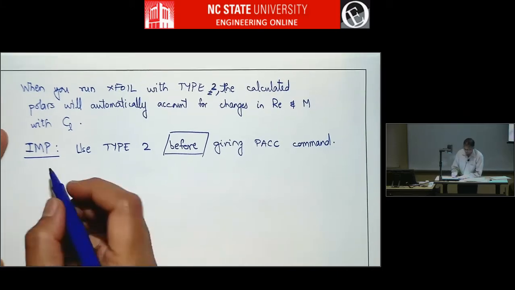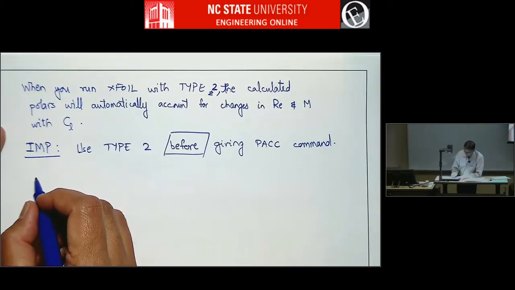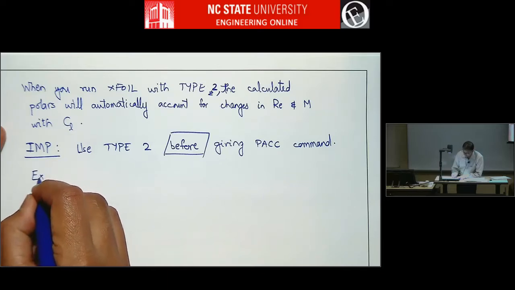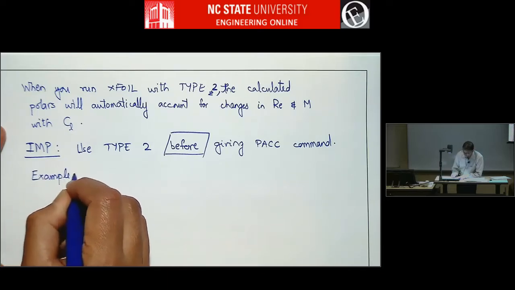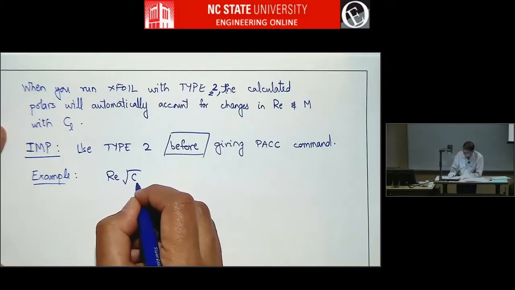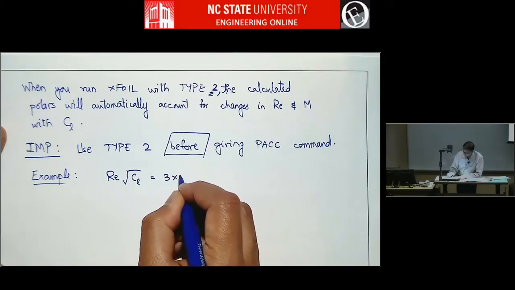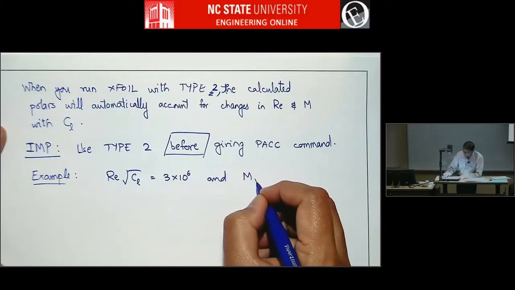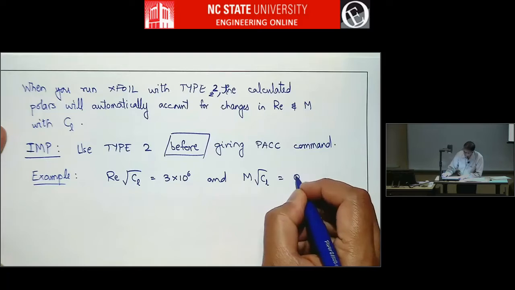So just as an example, let's assume RE times square root of CL is 3 million and M times square root of CL is 0.3.